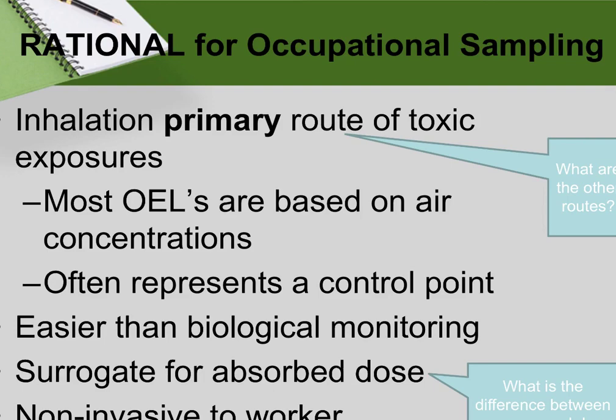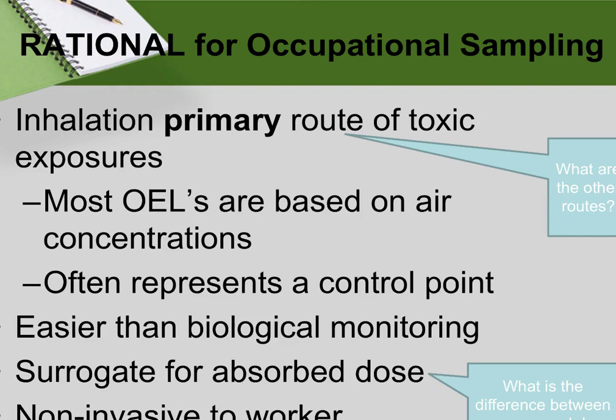Our rationale for occupational sampling or airborne sampling is that inhalation is typically the primary route of exposure. At least it's the one that's most understood, as opposed to dermal exposure. Most occupational exposure limits are based on airborne concentrations, and this is often used as a starting point or a point of reference.